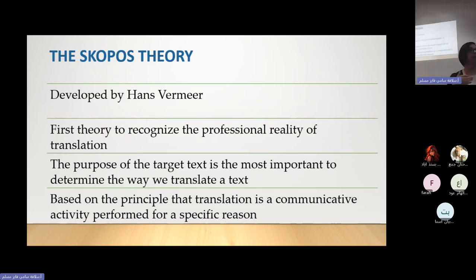So he was the first one to tell the world, wait, listen, there is someone beside the text. There is someone very important we call the translator. So from his theory, the Skopos theory, the translator began to shine.